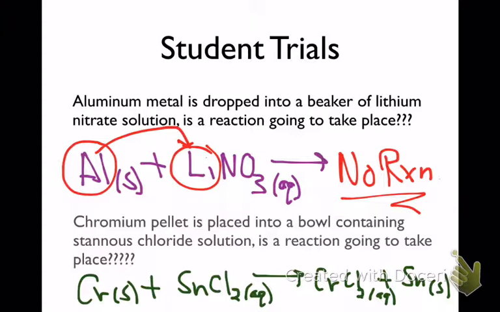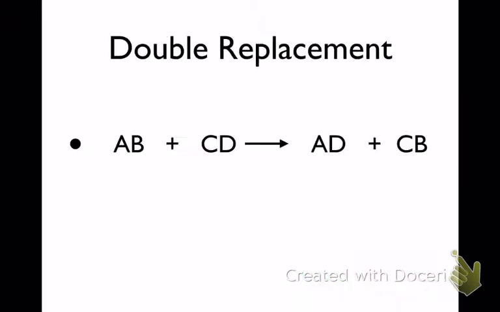You have to reference your activity series to see if the element trying to do the replacing is capable of doing that. If it is, the reaction happens. If it isn't, then nothing will occur chemically and no reaction occurs.